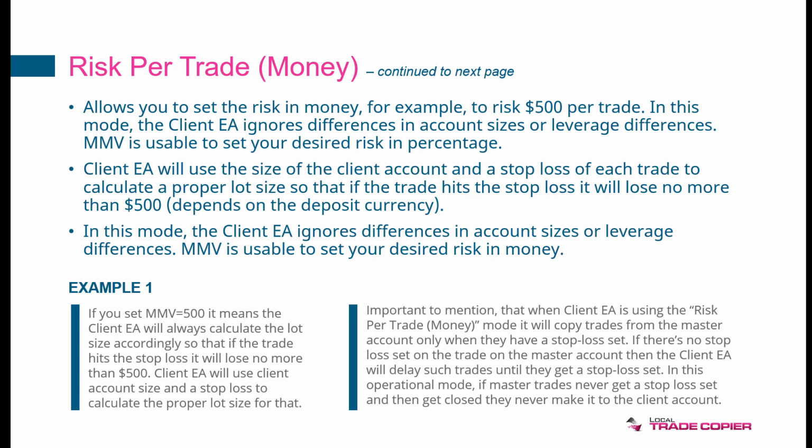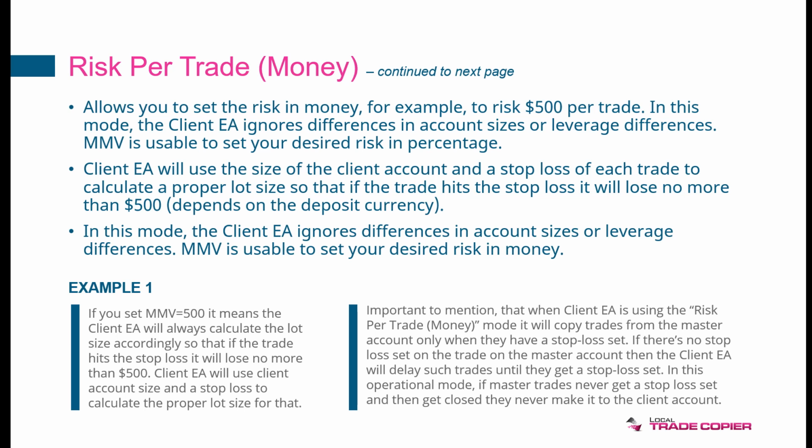It's important to mention, as with risk per trade in percentage, that with risk per trade in money the client EA will copy trades from the master account only when they have a stop loss set. If there's no stop loss set on the trade on the master account, the client EA will delay such trades until they get a stop loss set.